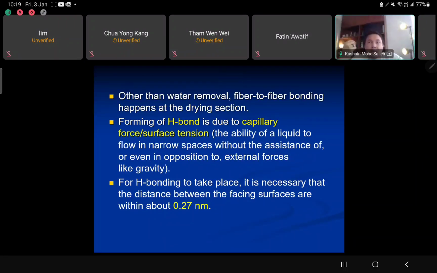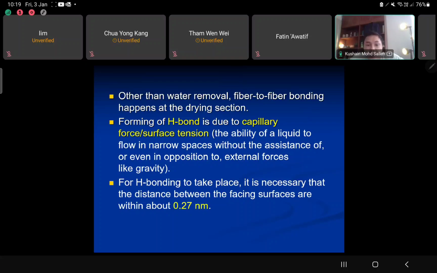That's why we have the inter-hydrogen bonding and the intra-hydrogen bonding, or we call them the interfiber bonding and intrafiber bonding. So during the drying section, we will have the fiber to fiber bonding. You need to remember fiber to fiber could be intrafiber or interfiber.